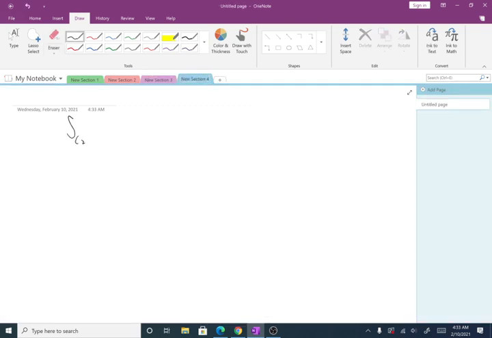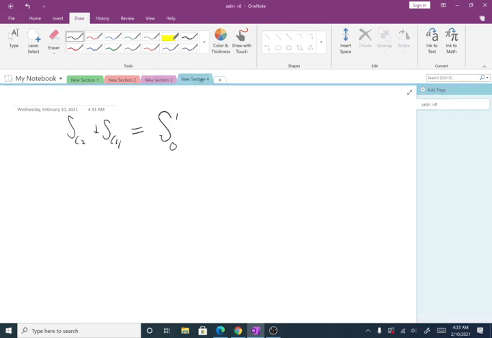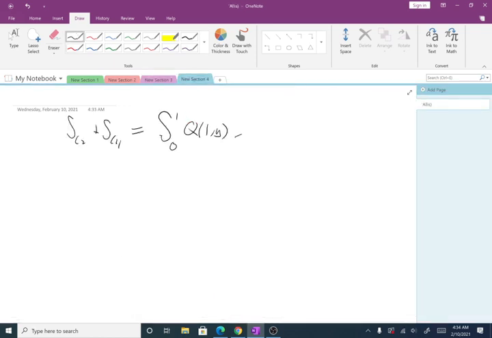So the integral of C2 plus the integral of C4 is the integral from 0 to 1 of Q of 1, comma y, and then we'll have this minus sign because we have that wrong integration limit, so minus Q of 0, y, dy. So now, of course, this is Q of x, y evaluated from x equals 0 to x equals 1.